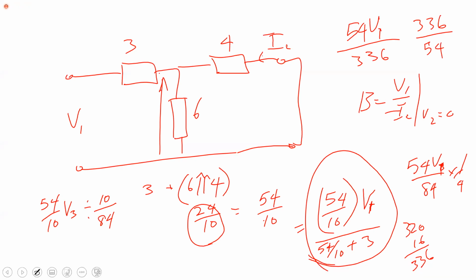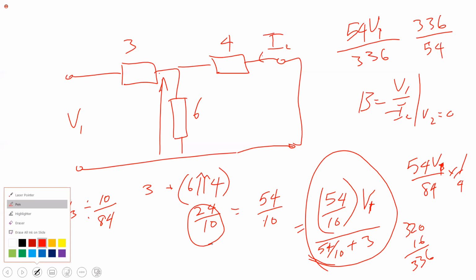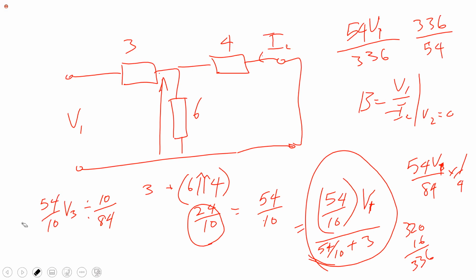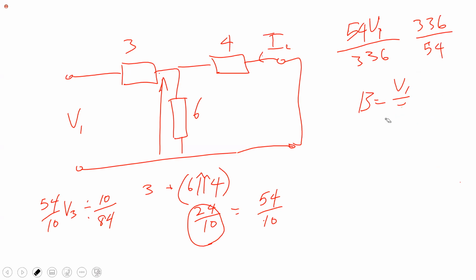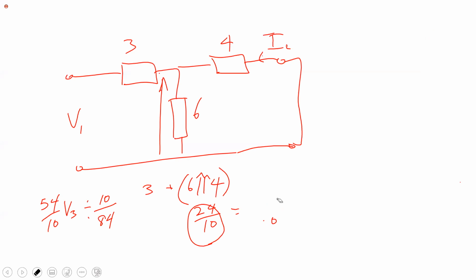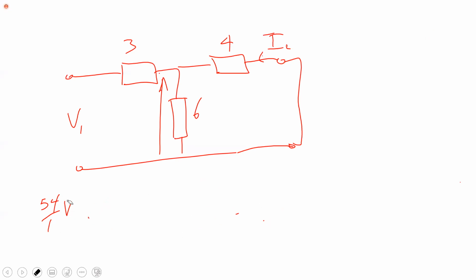I look like I'm losing it today. Sir, I use a different method. All right, so we're dividing by 3 and 24 over 10. I don't know why I put in the 54. So let me do that again.